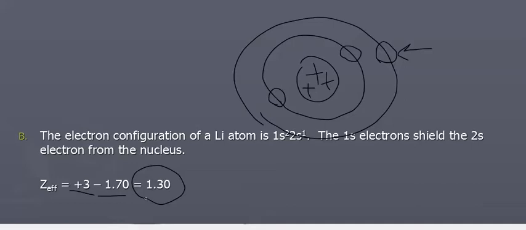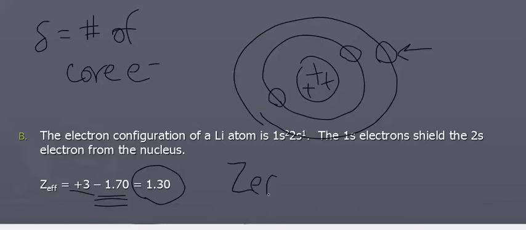Now there's an easier way to find this shielding constant. The 1.7 comes from experimental data, but the sigma, the shielding constant, is simply equal to, if I want to estimate, the number of core electrons, the number of inner shell electrons. So if I want to estimate for lithium the effective charge that that outermost electron experiences, I would say +3, which is the number of protons, minus the number of core electrons, 2 core electrons.